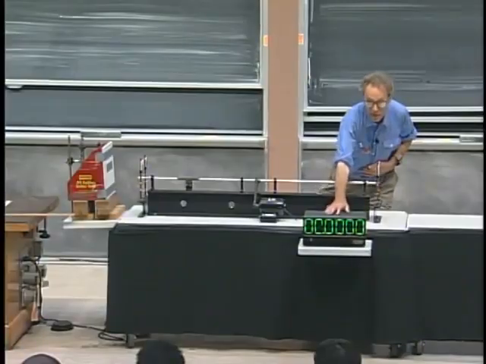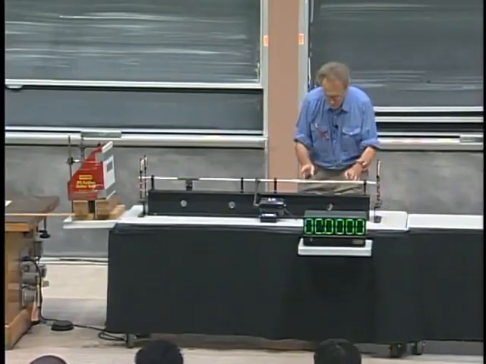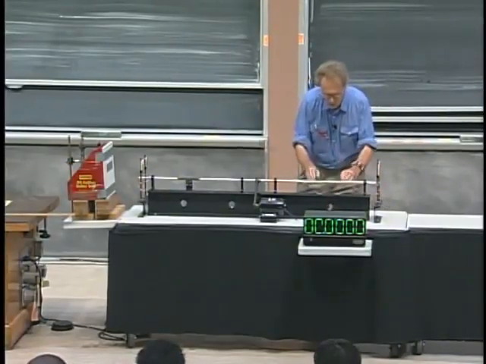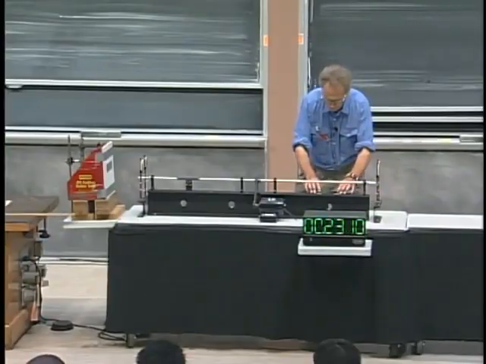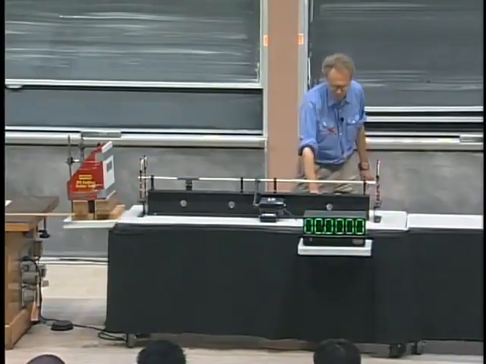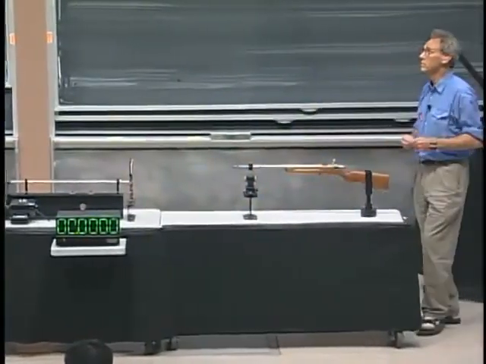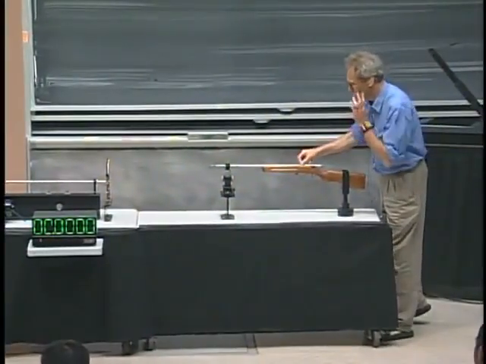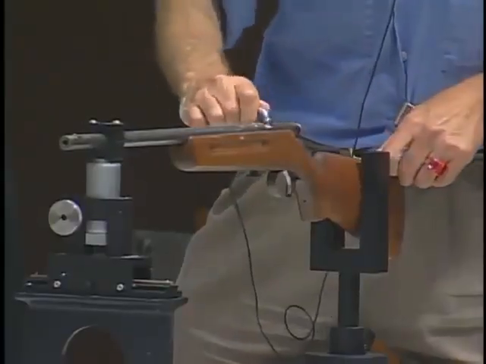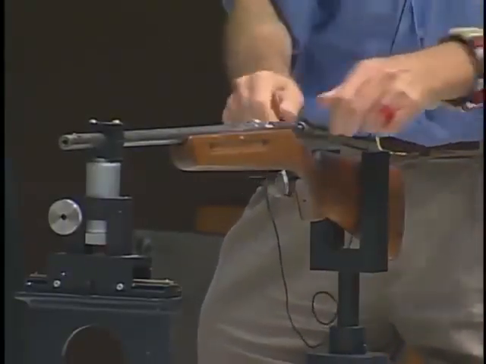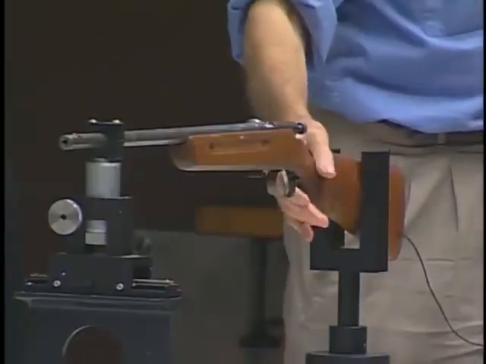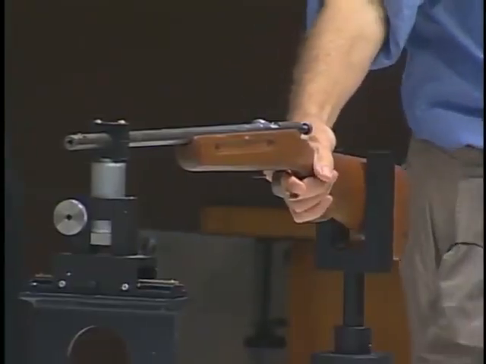You see the timing here, right? So I do a small test just to see whether the circuit is working. Yeah, should be working. So here comes the bullet. You're ready, I'm ready. 3, 2, 1, 0.